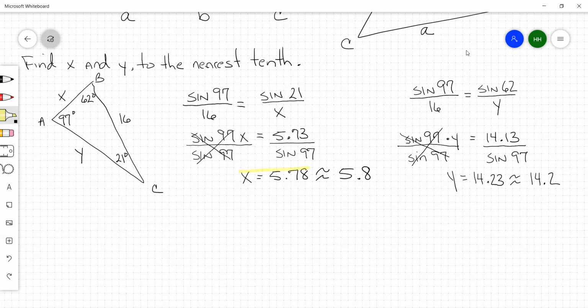So here's your x, here's your y. Fairly simple, huh?